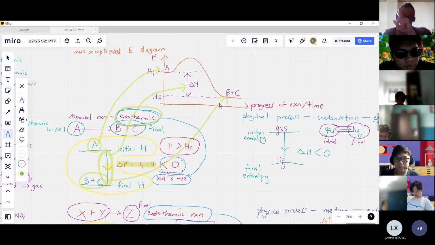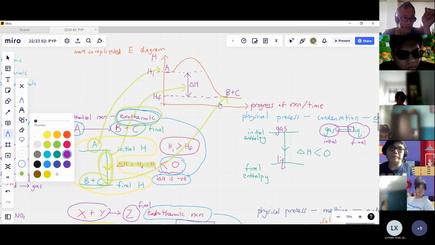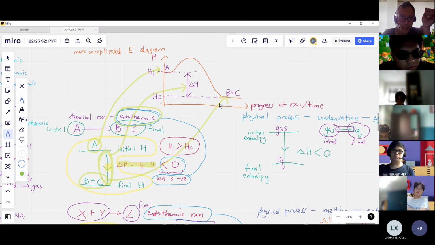Okay, one last thing. Let's use a different color. How about this thing here? Why is there a hump right here? What is this? Okay, I'll just tell you the bare essentials. I'm not going to elaborate any further.